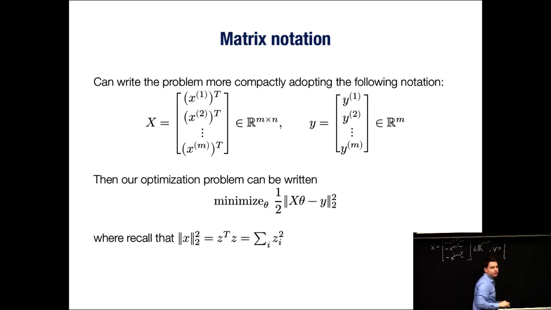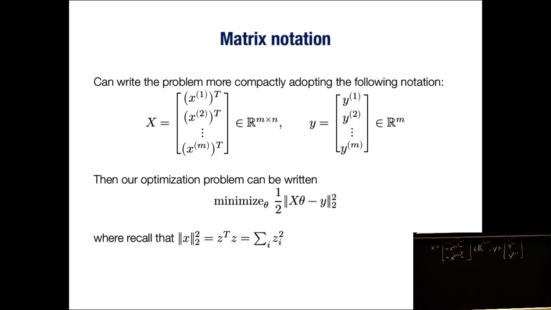And here the Y's are just scalars themselves, right? So we don't need a whole row. Here we just have entries. So Y1, Y2, ..., Ym. So when I write Y without a superscript, I actually mean a vector, not a single scalar.